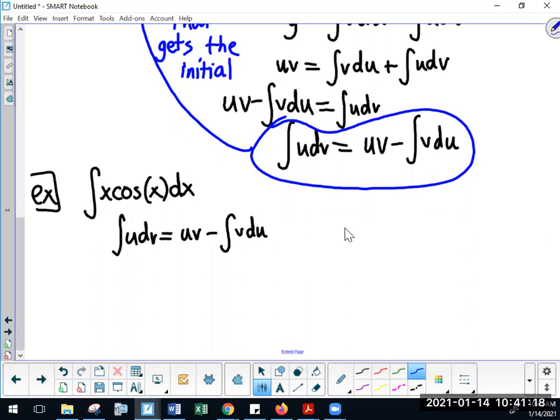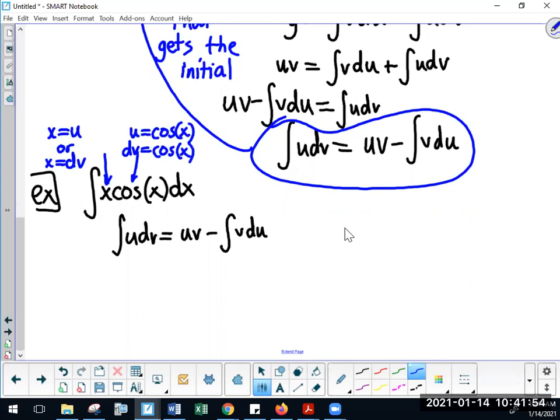I need to figure out for x, is x u or is x dv? I need to figure out, is cosine of x u or is cosine of x dv? This is what it means by parts. I've got two things here in my product. I got to figure out which part goes with which.